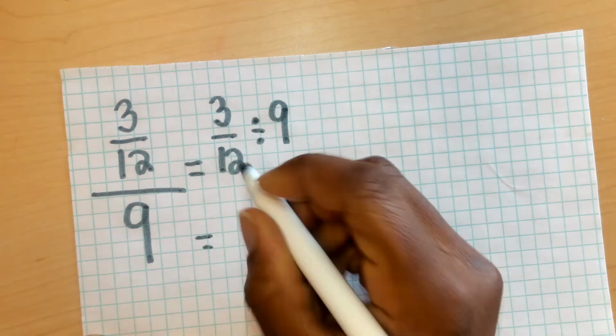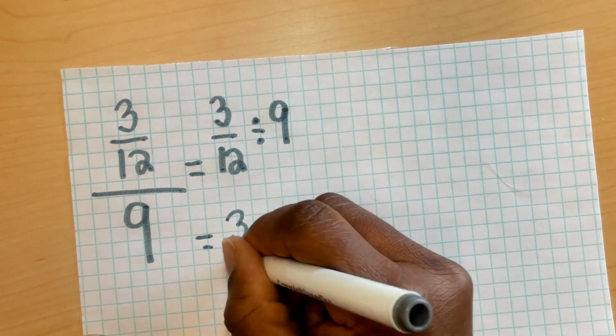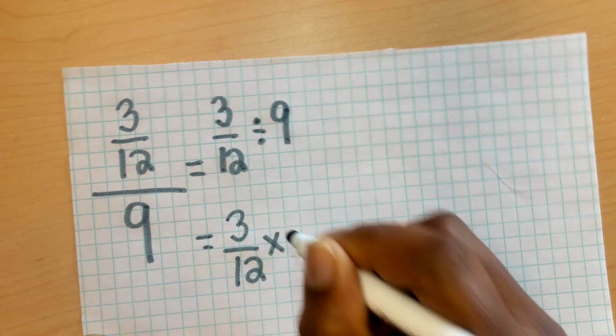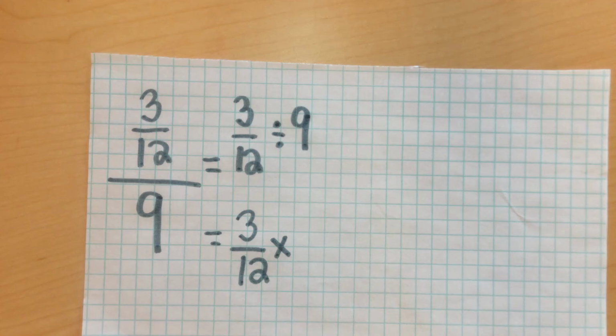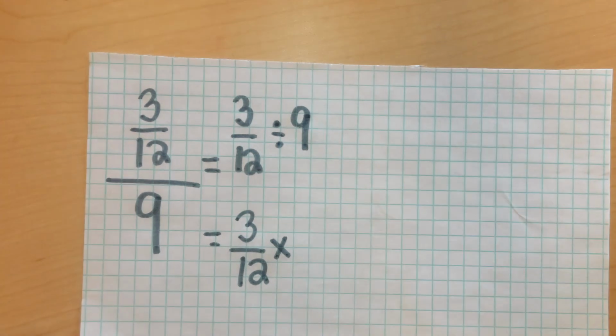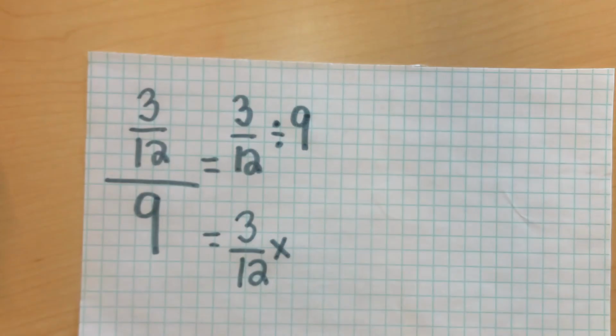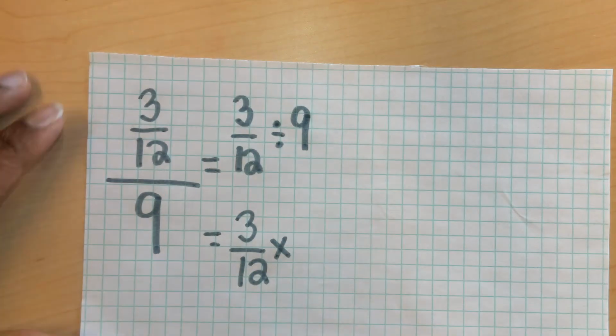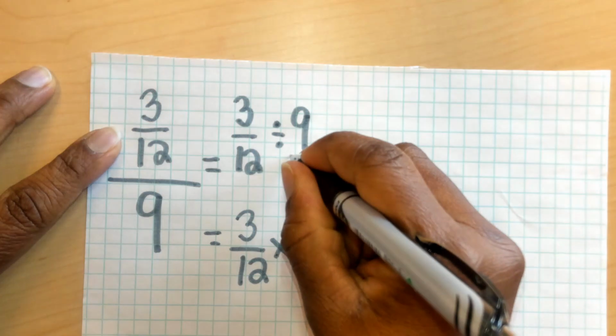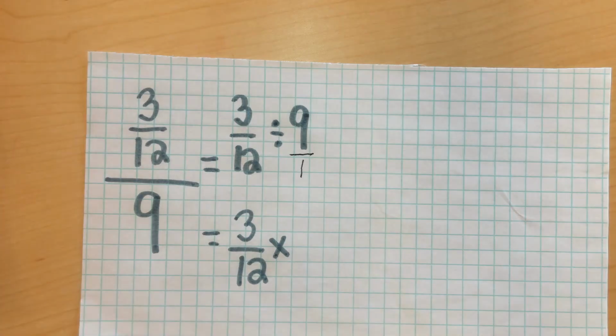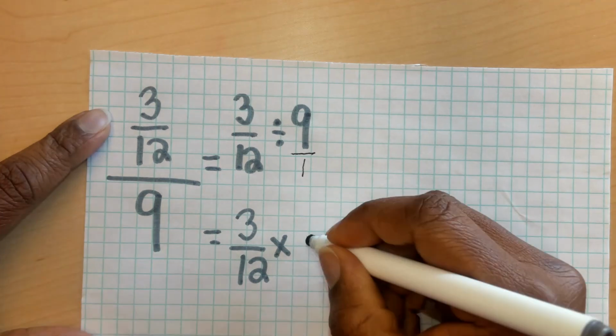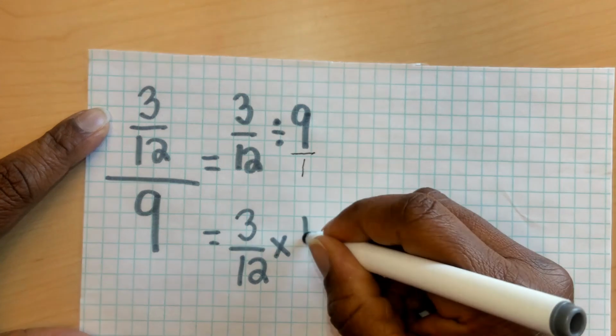So when I divide, it will be 3/12 times, what is the reciprocal of 9 as a whole number? You know, all whole numbers can be made into a fraction. How do we make 9 into a fraction? Put 1 as the denominator, right? So now I need to do the reciprocal of 9 over 1, which will give me 1/9.